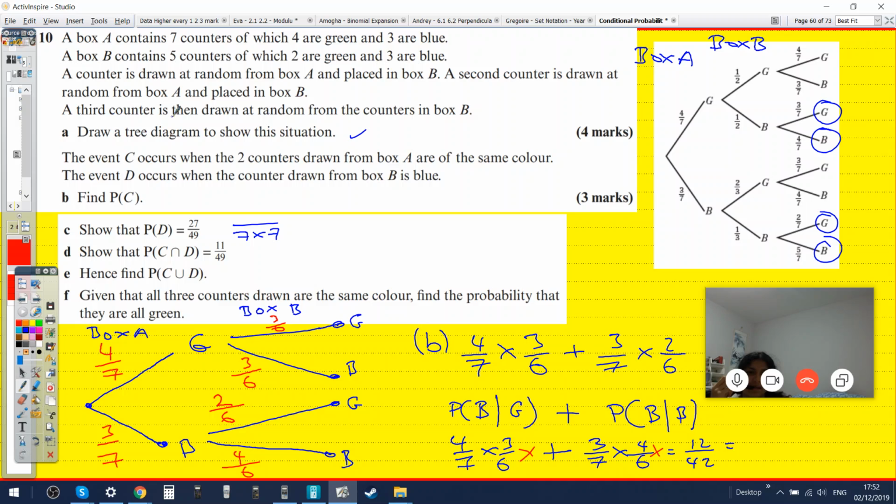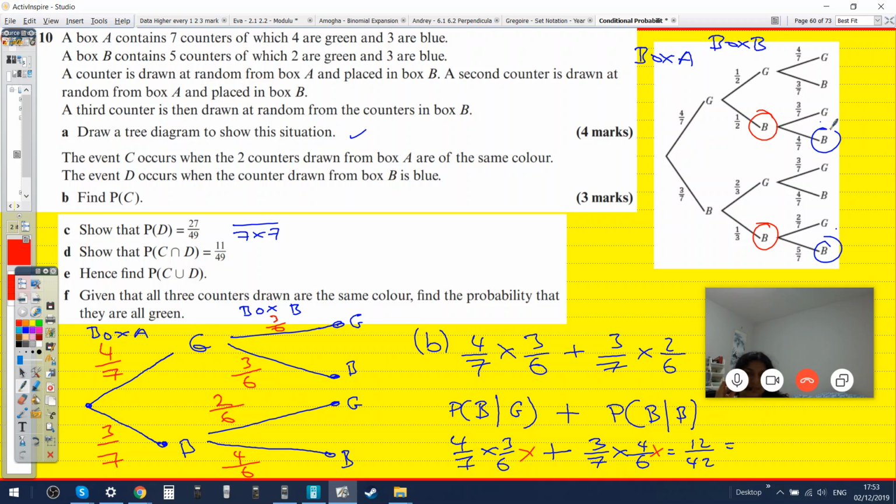A third counter is then drawn at random from the counters in box B. That's why we're going wrong. Let me just check. The event D occurs when the counter drawn from box B is blue. That's very badly worded, because the counter drawn from box B is blue could easily refer to this one. A second counter is drawn at random from box A and placed in box B. They could have worded that better.